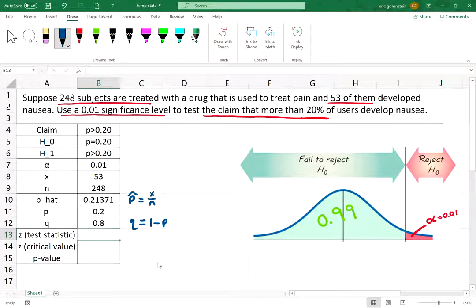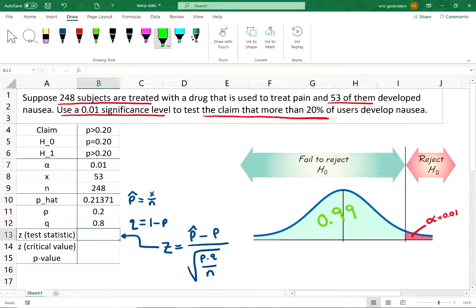Now remember, the test statistic, this guy right here, well, we're using the formula P hat minus P divided by the square root of P times Q divided by N. So the P, the Q, the N, and the P hat. We have those four numbers already.